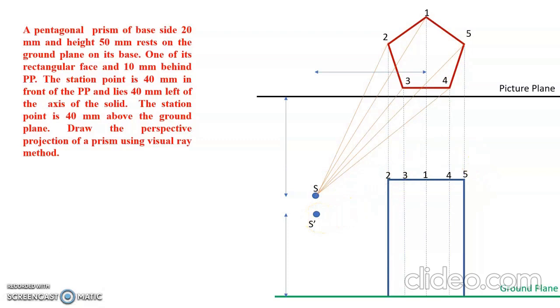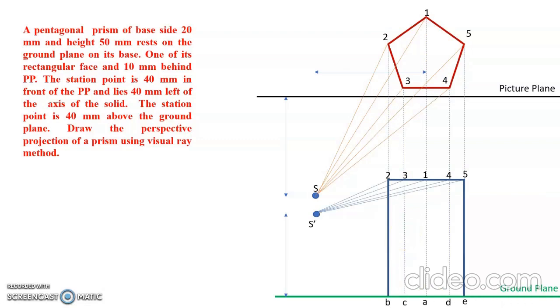Usually we have only one station point, or source point, or the eye of the observer, but in order to avoid the collision of these rays, we have two station points, S and S dash. With S you connect the top view, with S dash you connect the front view. Like this we are connected.